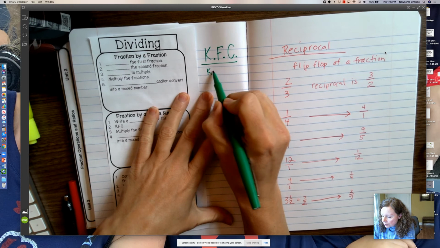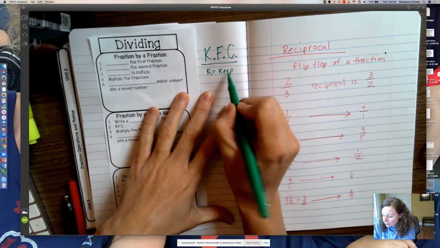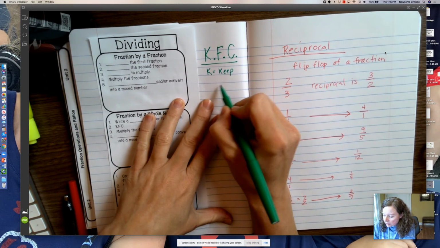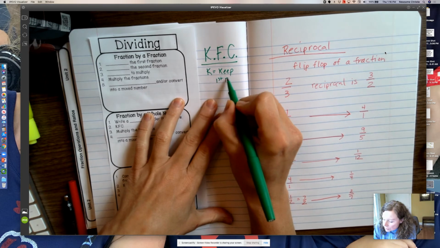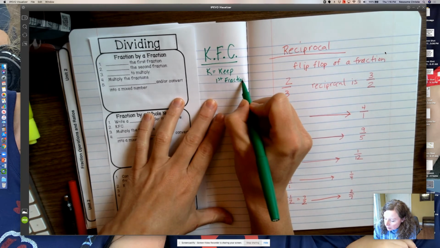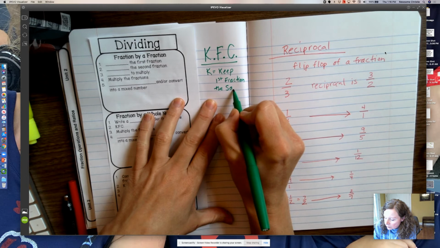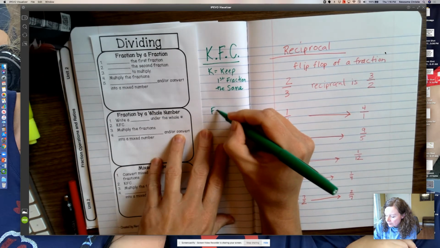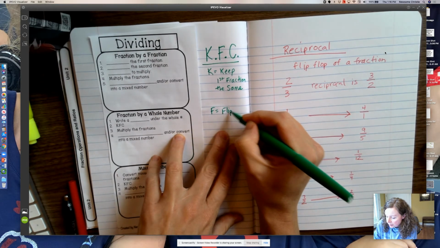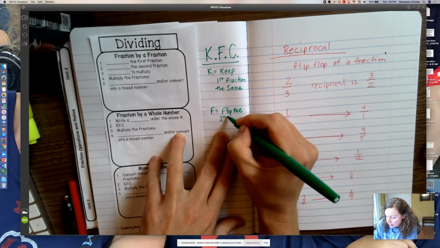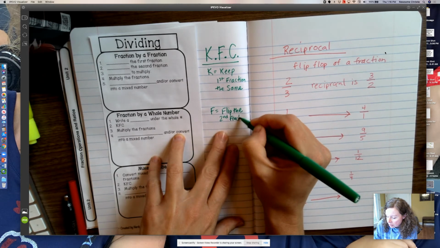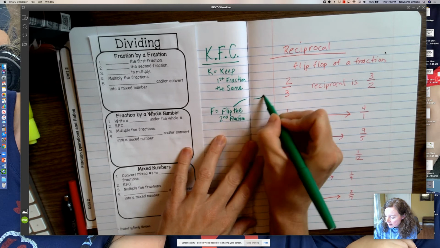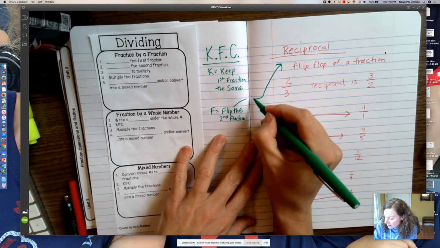So K stands for keep, and we want to keep the first fraction the same. F stands for flip the second fraction, and this is where the reciprocal comes in.